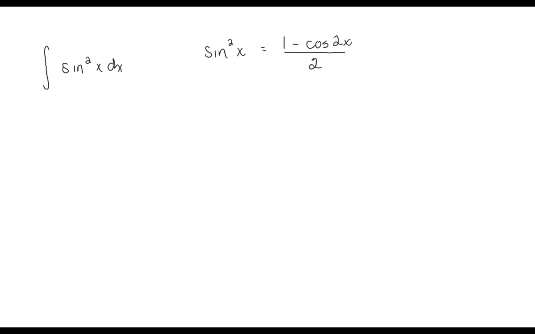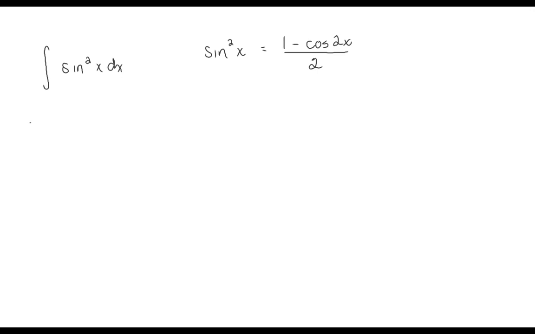So this is really just the double angle formula for cosine rearranged so that we solved for sine squared x. What it allows us to do is replace a larger power of sine with a smaller power of cosine. And most notably, it's taking every sine squared and replacing it with a cosine to the first power, which we already know how to integrate. So that's the idea here.